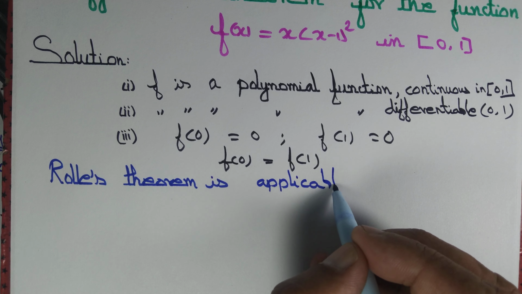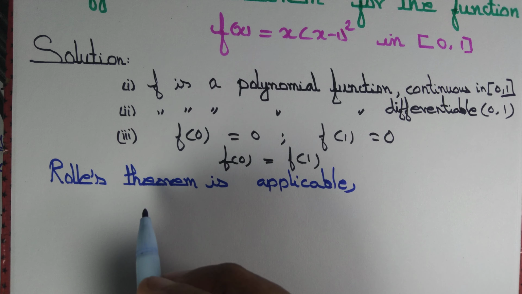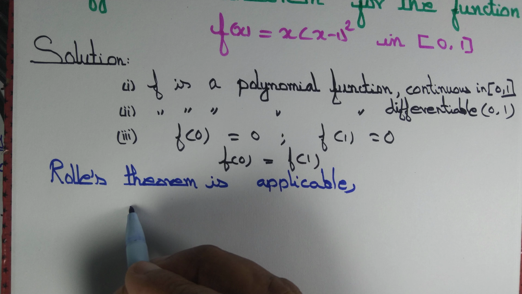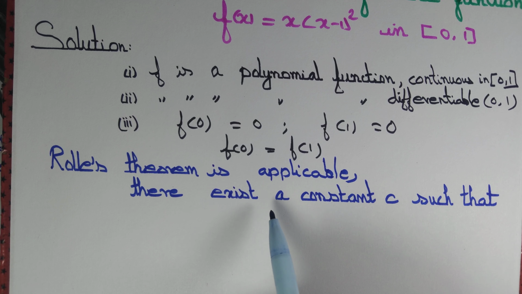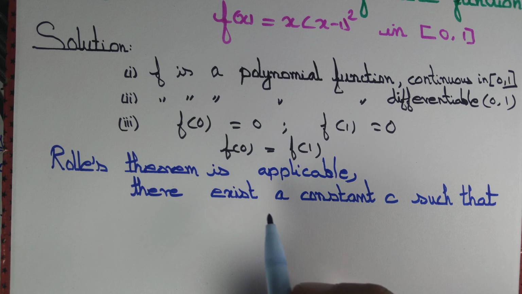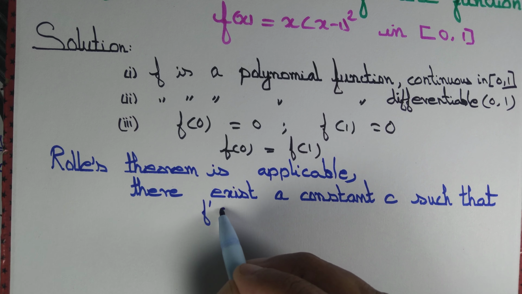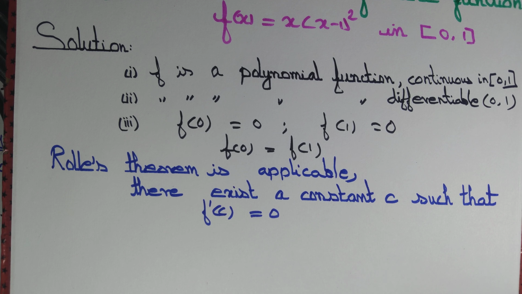Now Rolle's theorem, if it is applicable, says that there exists a constant c such that f dash c equal to 0. Now what is f dash c?